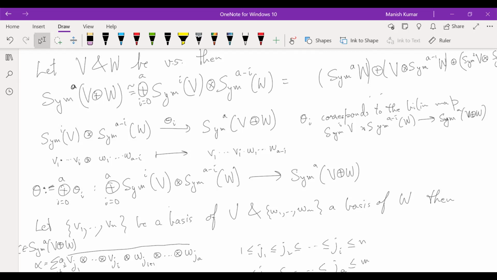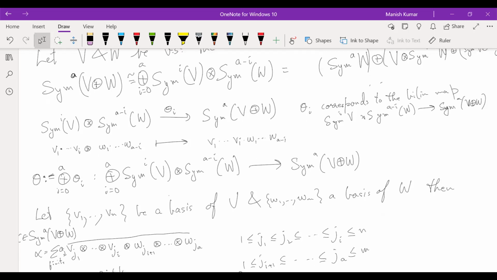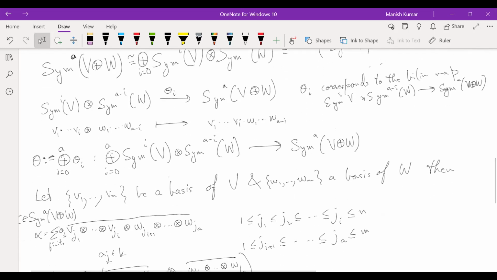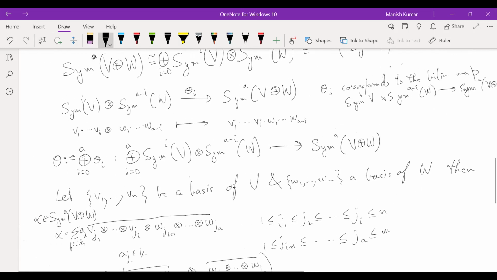But maybe I'll convince you that there is an inverse map as well, because it's sort of canonical, maybe it's the best way to do it. So let v_1 to v_n be a basis of V and w_1 to w_m be a basis of W. Then if I take any alpha in Sym^a of V plus W, Sym^a is basically a quotient of the tensor algebra, and for the tensor algebra at least we have seen that this forms a basis.